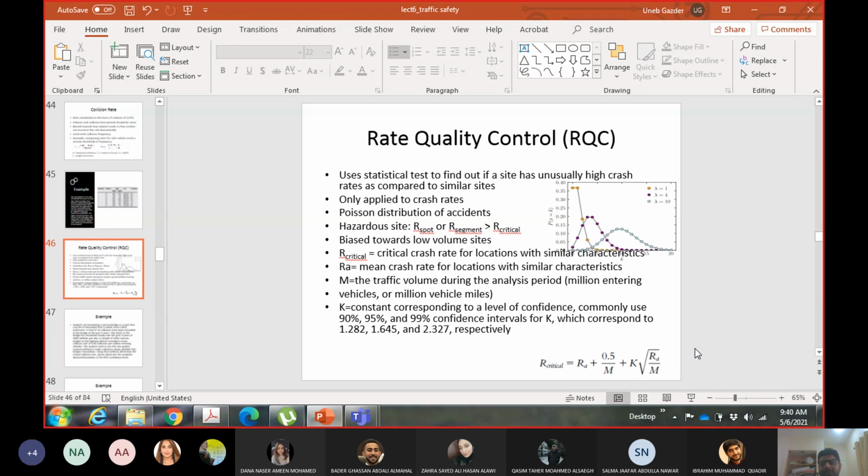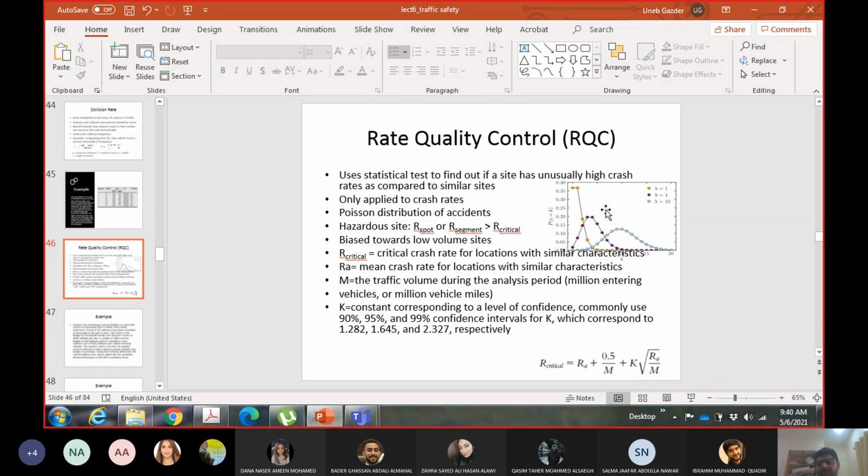This critical crash rate equation comes from assuming that the crashes follow a Poisson distribution. If you remember, in the traffic engineering course we learned about the normal distribution, and we also talked about the chi-square distribution.